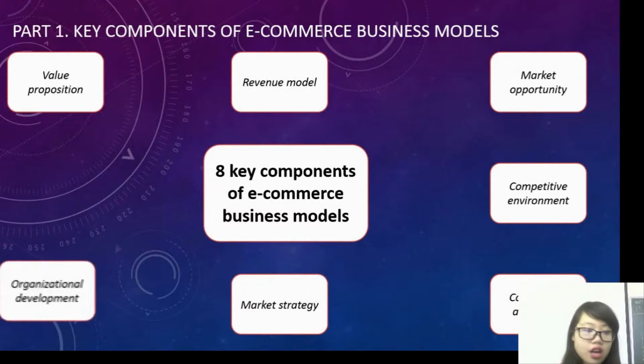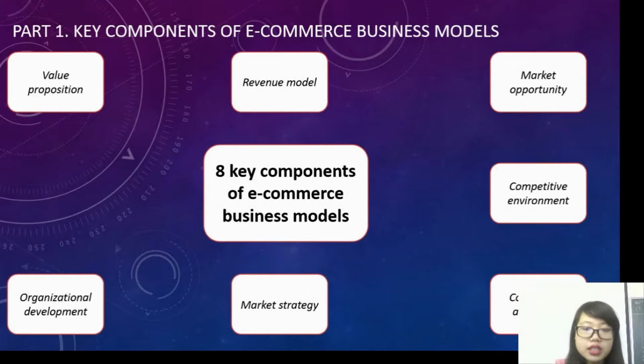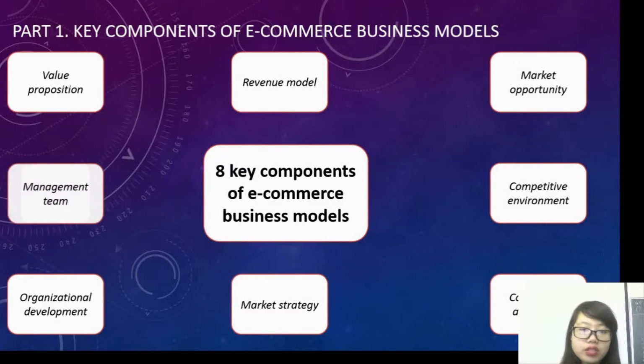Next one is organizational development, which is the process of defining all the functions within a business and the skills necessary to perform a job, as well as the process of recruiting and hiring strong employees. And the final component is the management team, the group of individuals retained to guide the company's growth and expansion.